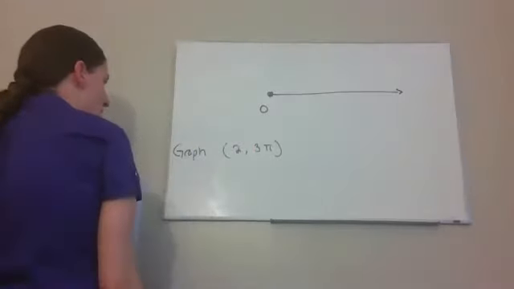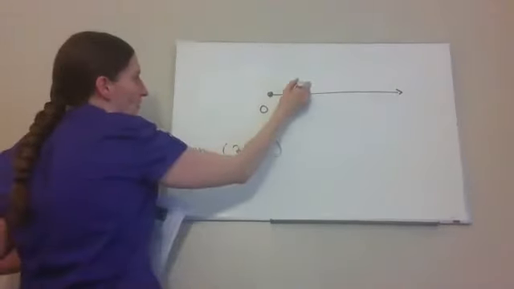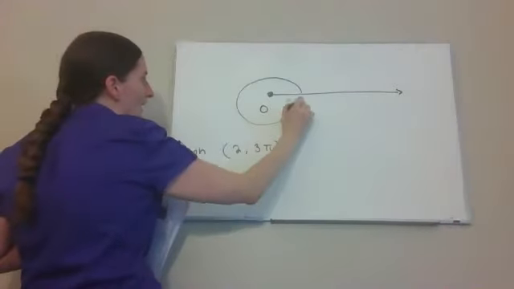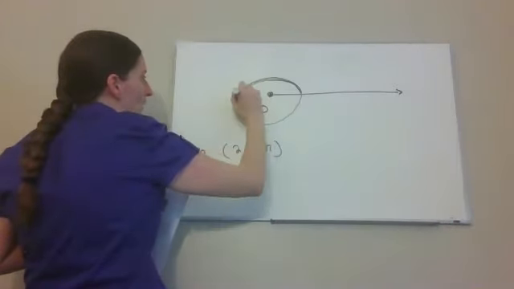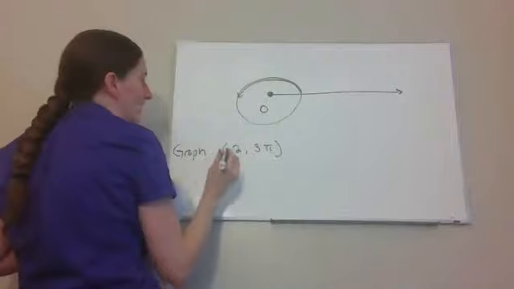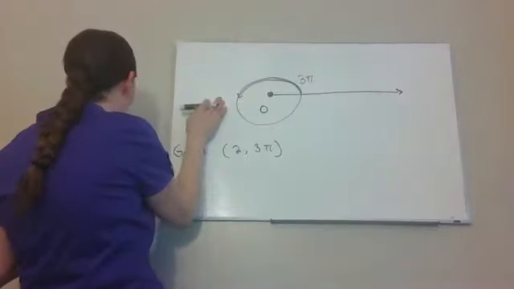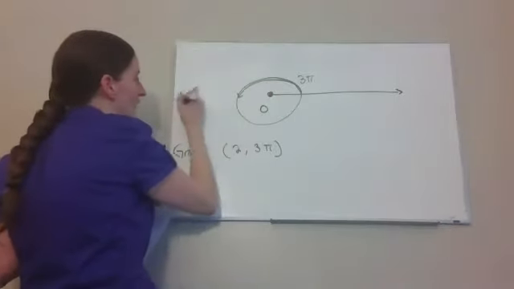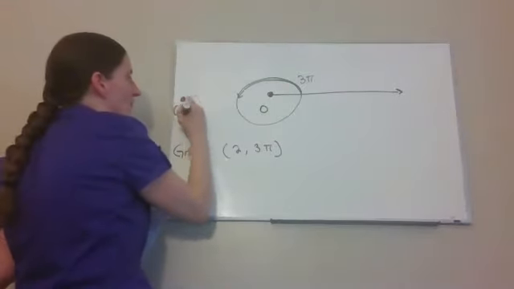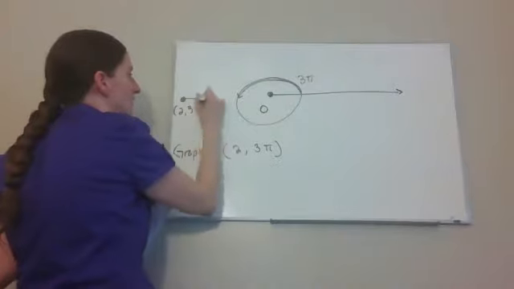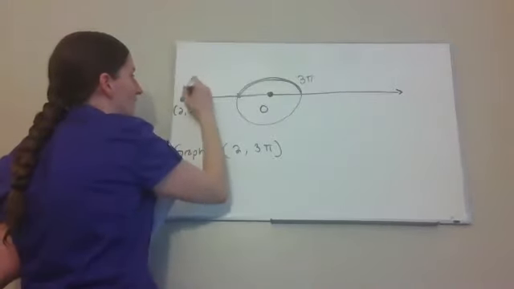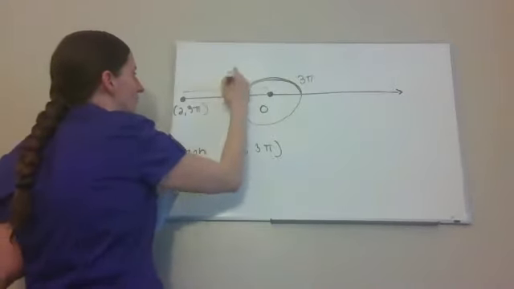So the angle 3 pi, I know going all the way around once is 2 pi. Going around halfway again would get me 3 pi. So this angle 3 pi lands over here where pi was, and then I'm a distance of 2 away from the origin. So here's a distance of 2.